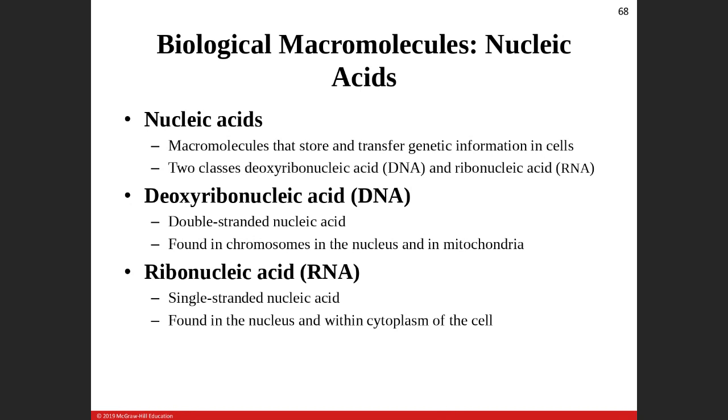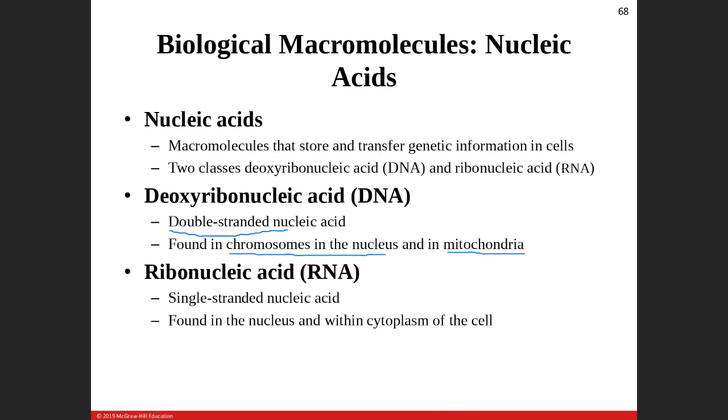There are two types of nucleic acid. The deoxyribonucleic acid, which is going to be our double-stranded nucleic acid, is where you'll find the DNA, found in these structures called chromosomes inside the nucleus. And believe it or not, you actually have some chromosomes in your mitochondria.